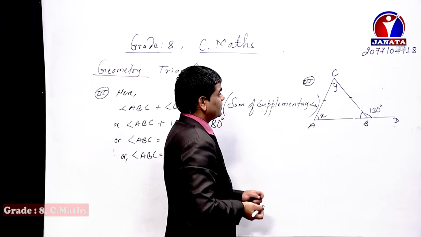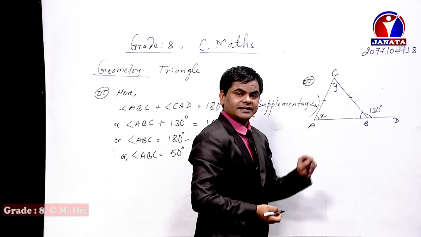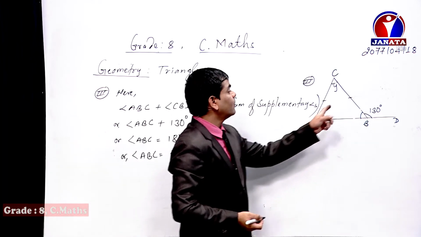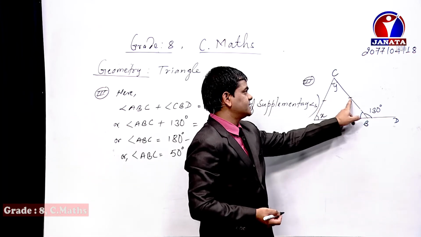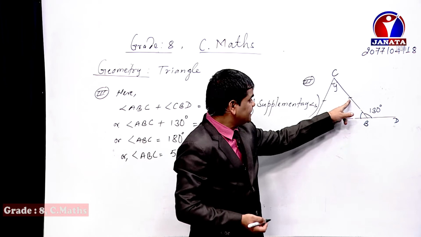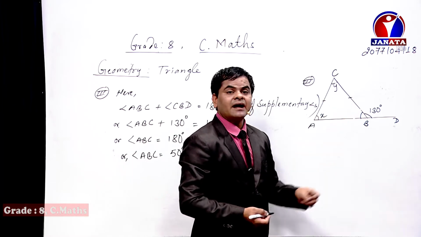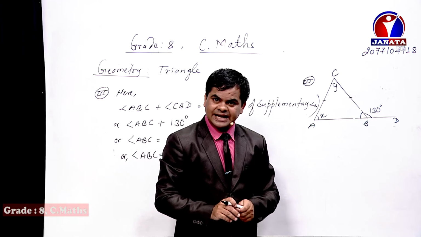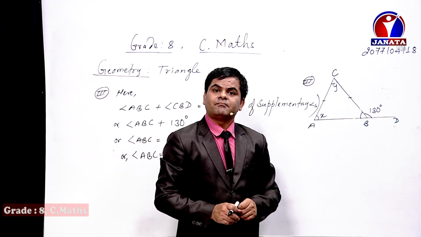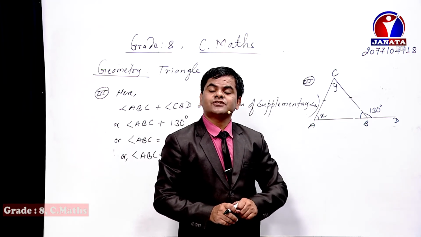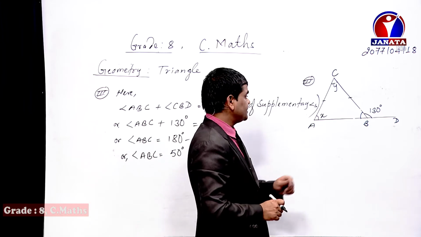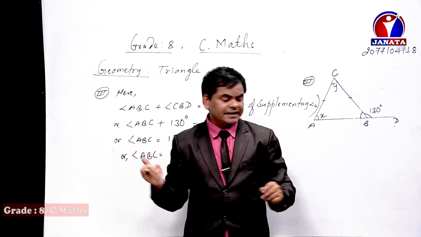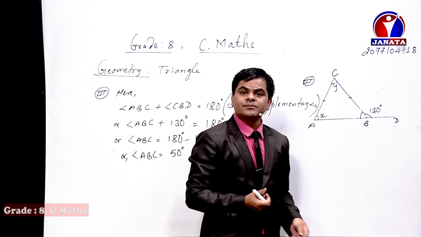And what about this? It is an isosceles triangle, isn't it? And which two angles are equal? Looking at the sides being equal, the angles formed opposite to those equal sides are known as base angles, and their measures become equal to each other. It means if it is 50 degree, then x also becomes 50 degree.